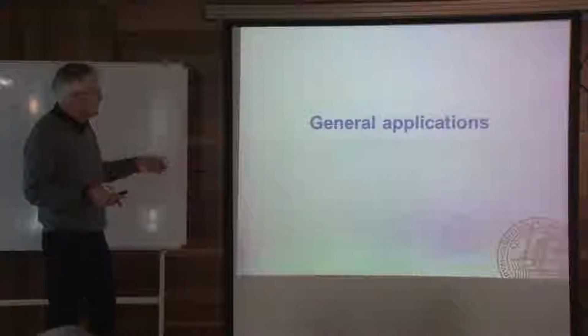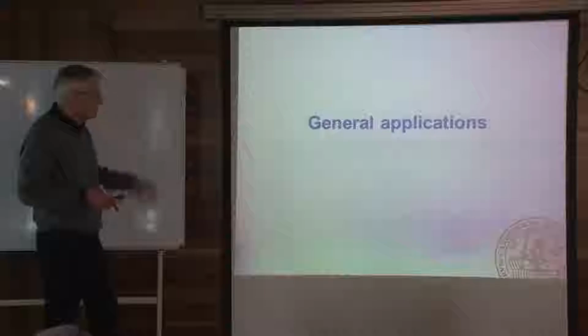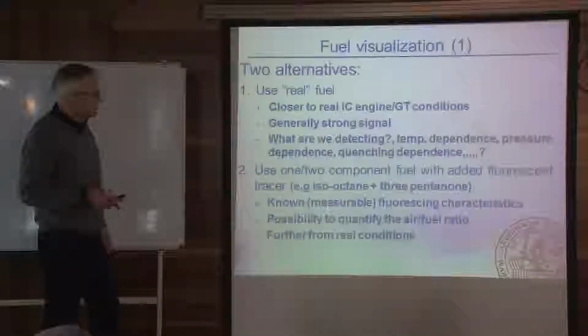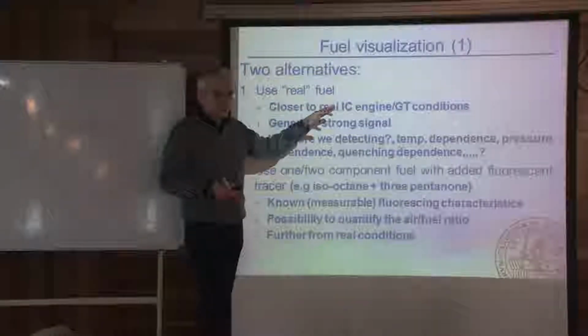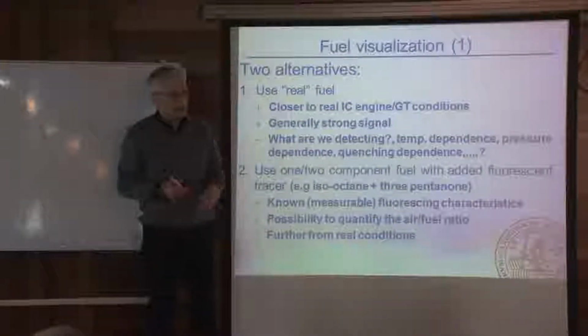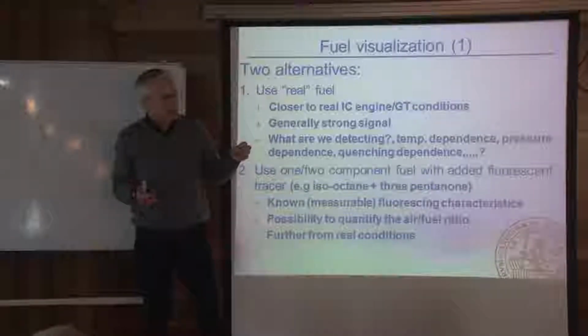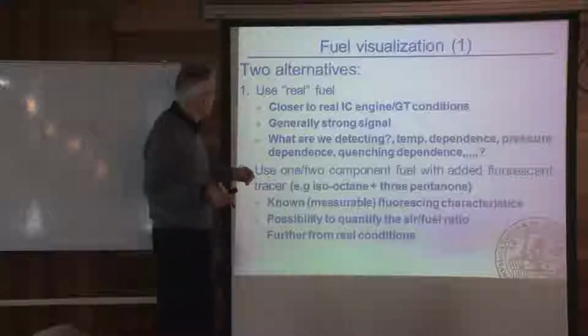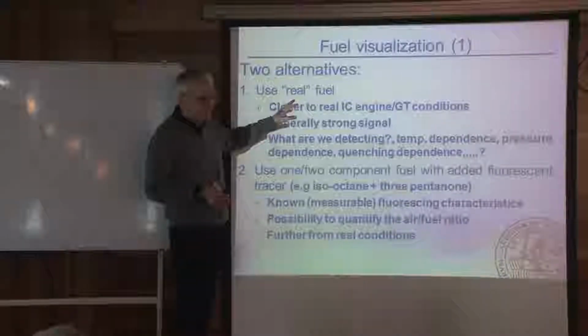So if we take some general applications, for example, engines or gas turbines, if we want to visualize the fuel, that has been of main interest for the engine and gas turbine manufacturers. They want to see, for example, in a direct injection engine, where the fuel is. And then we have, I would say, two alternatives.